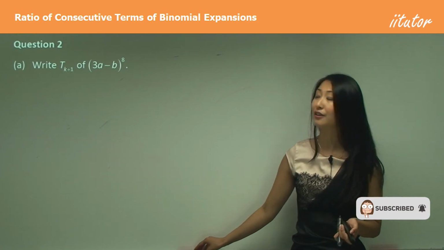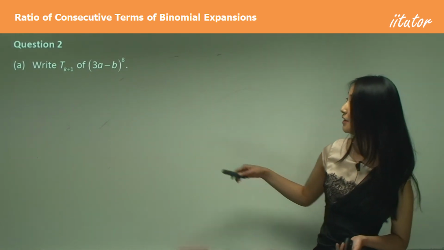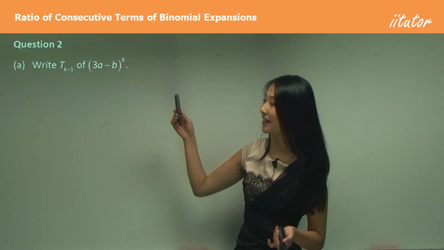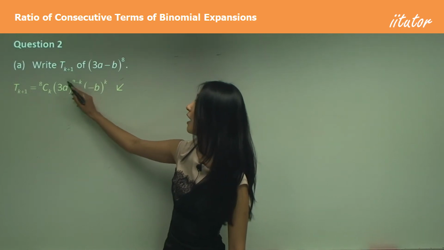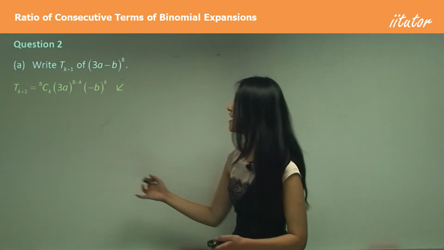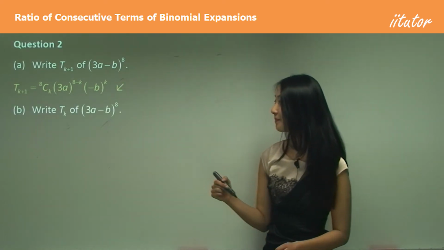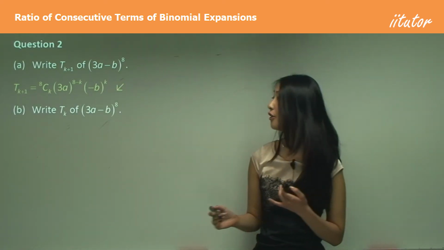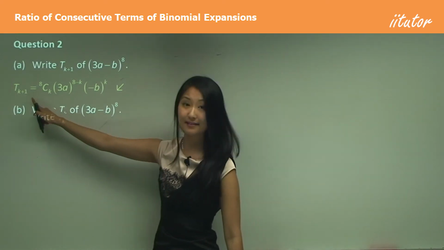All right, so let's do one more practice with this. So in question 2, firstly write down t_(k+1). So that's just going to be, because it's 8 up here, yep, very easy, 8Ck, 3a to the power of 8 minus k, should be very familiar with this by now, minus b to the power of k. And now remember, for the term t_k, all it is is 1 less than that.